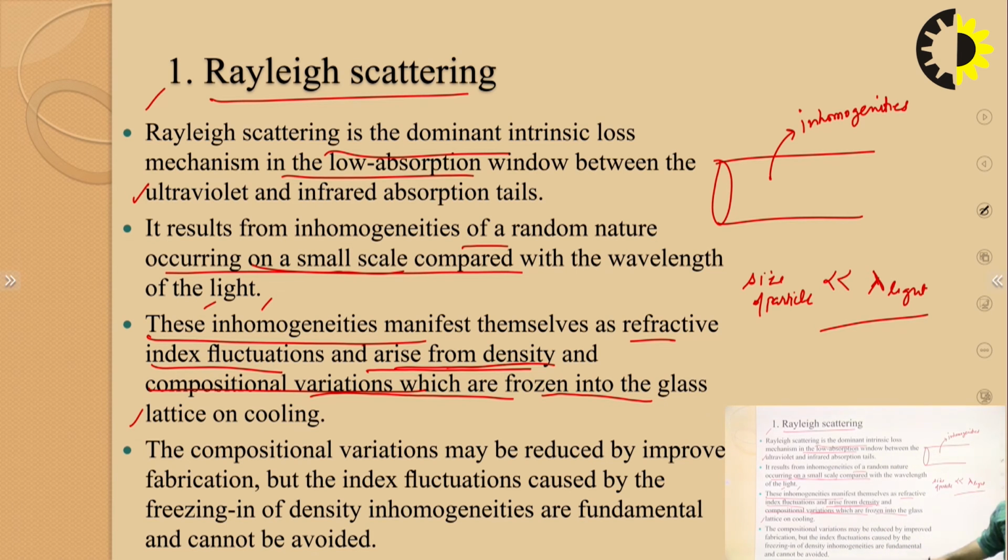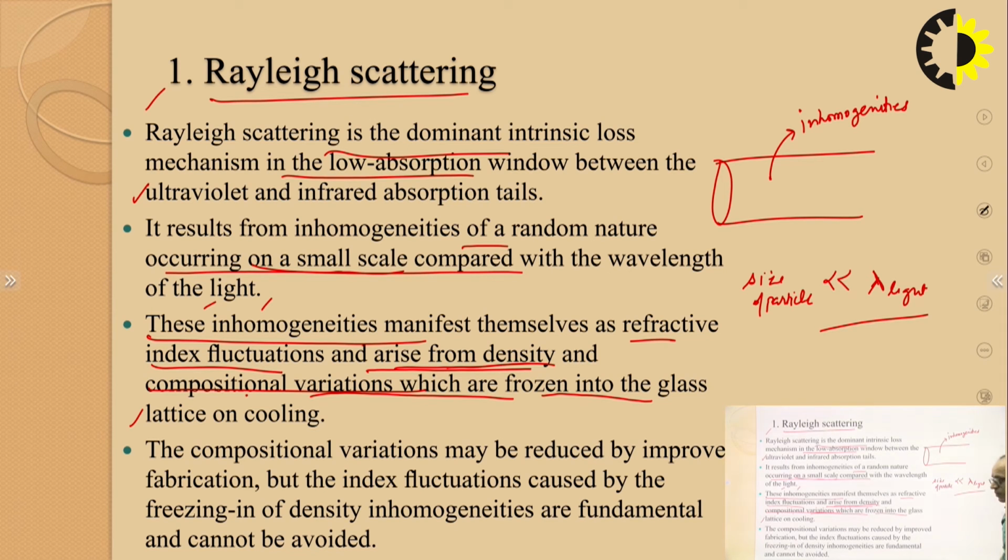Means this is one of the techniques during the manufacturing of the fiber. During the manufacturing of the fiber, this process we have to follow causes the compositional variation, and this compositional variation causes the Rayleigh scattering.